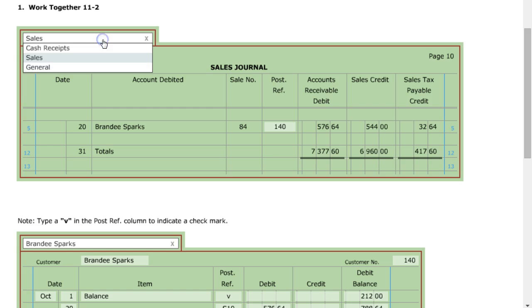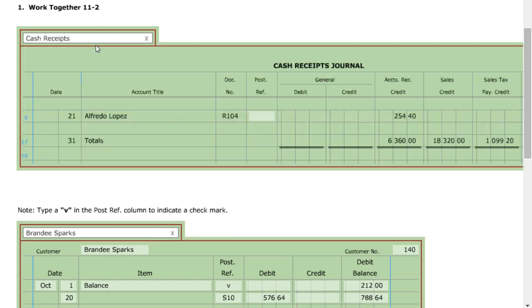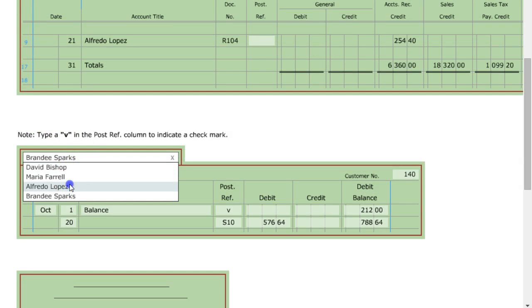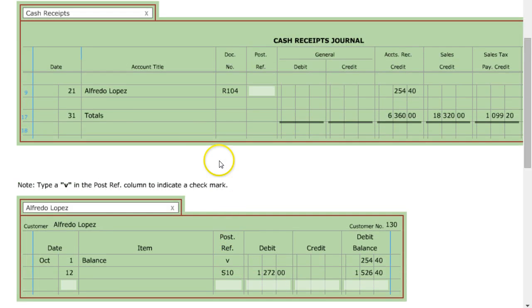The next set of directions tells us we're going to go to the cash receipts journal and look at Alfredo Lopez's transactions. You'll notice that this transaction happened on the 21st, on cash receipts journal page 12. And here is your number, 254.40.